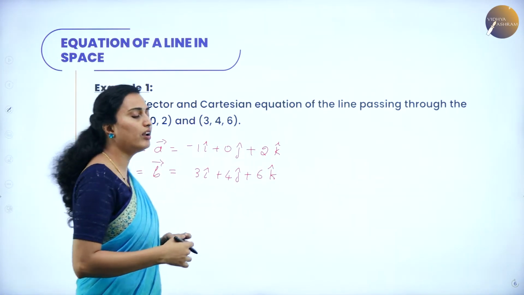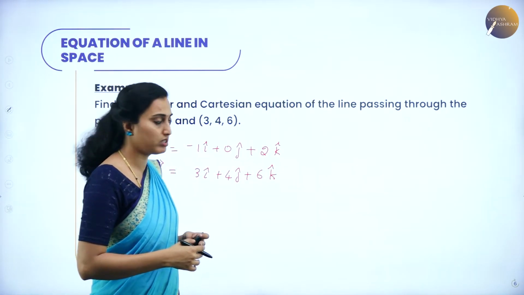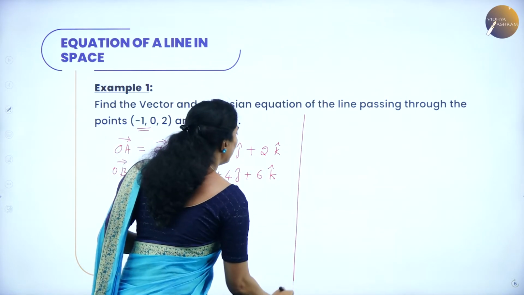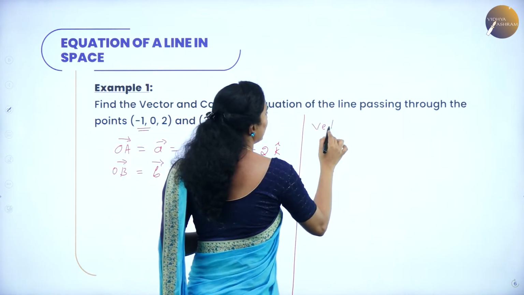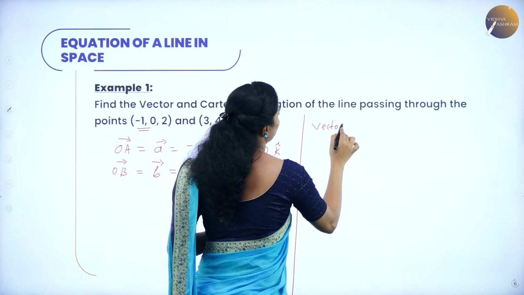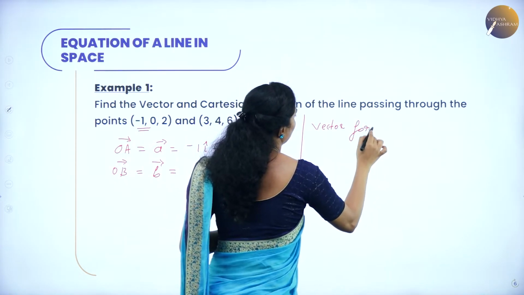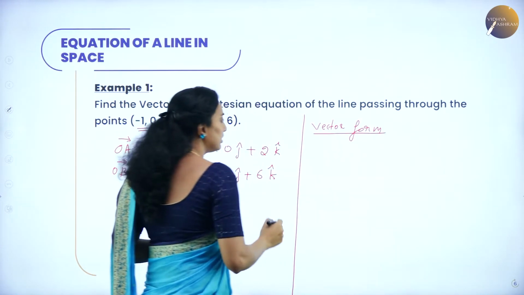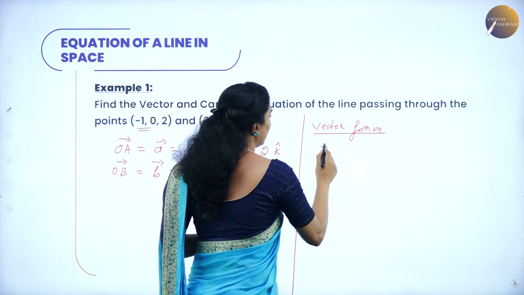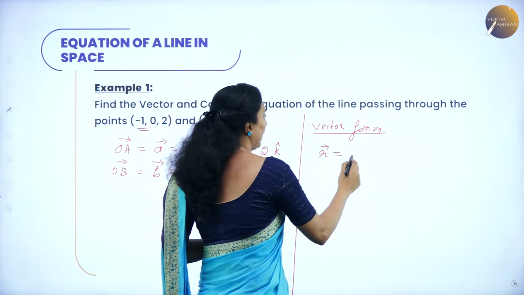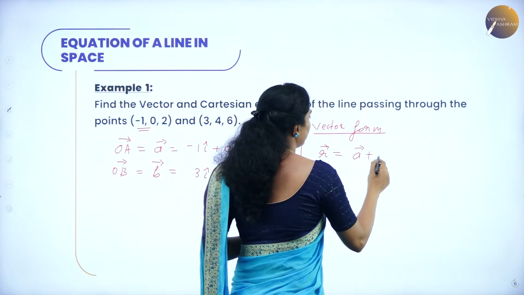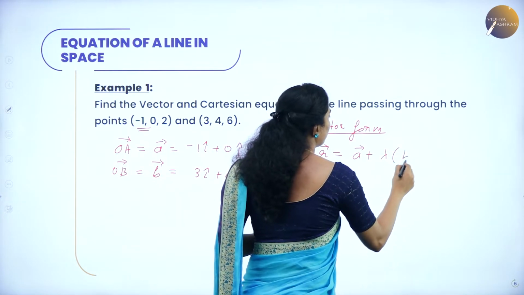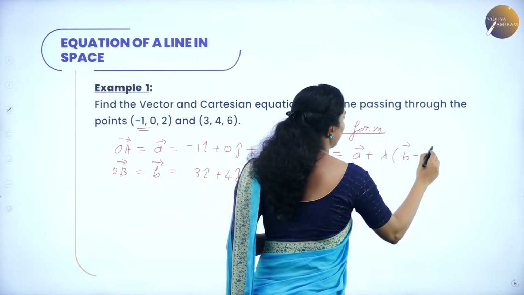Now, we already know the vector form is given by, let me write it here, r vector is equal to a vector plus lambda into (b vector minus a vector).